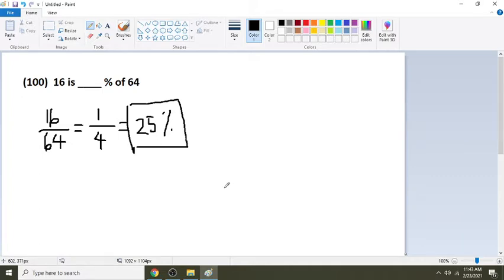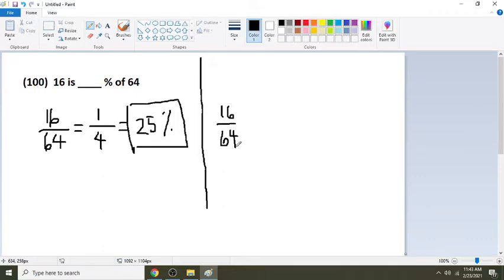There you have it. Now, how did that happen? Let us show you the detailed version of the solution. That would be 16 divided by 64.